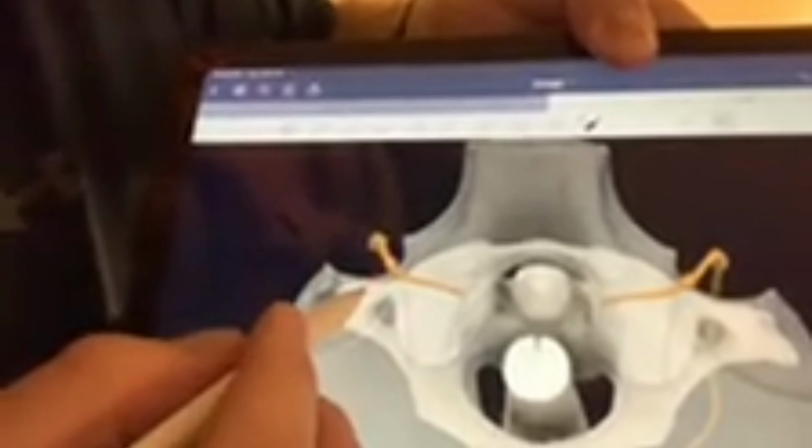So if this left part of the atlas was to move anterior, that would run into and put pressure on this left vagus nerve. Same thing, if it was an RA atlas and this right went anterior, it would put pressure on the right vagus nerve. And so that's how we can have visceral issues that are caused from an atlas subluxation.